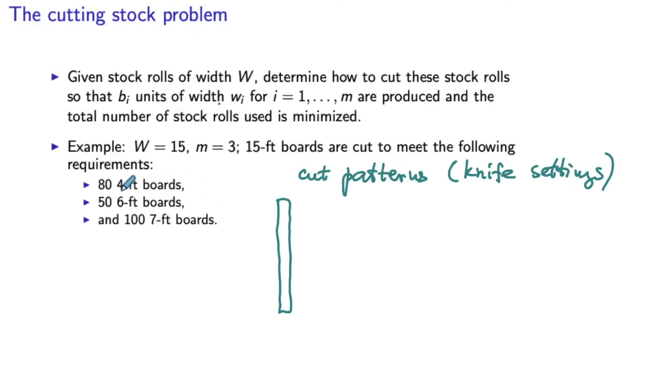Let's say we need 4-foot boards. We could cut it into three 4-foot boards, and there will be some waste of 3 feet remaining. So this will be waste, and each of these pieces is 4 feet.